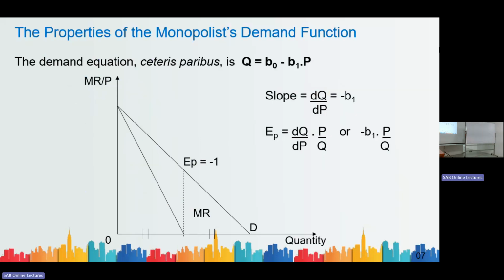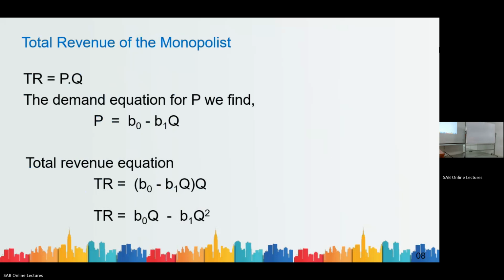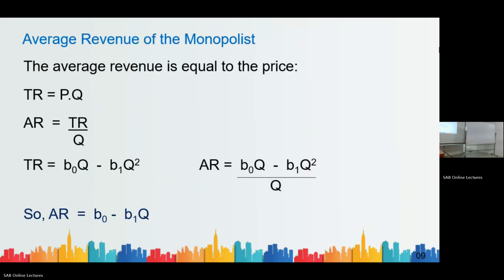And we did some calculations on the demand curve and the marginal revenue curve of the monopolies. Afterward, we derived the total revenue curve for the monopolies, also the average revenue curve and the function.